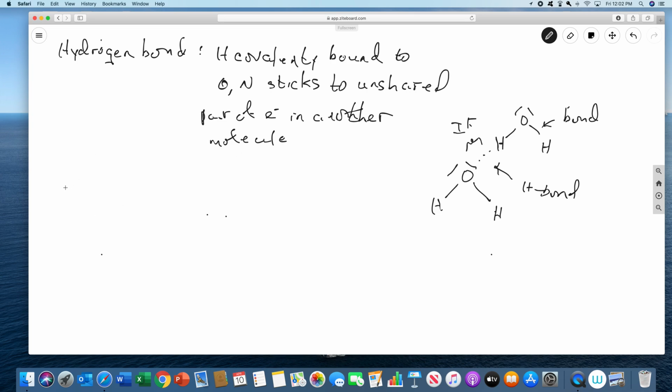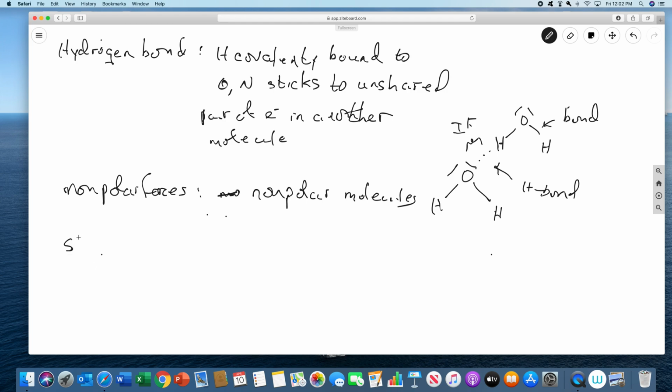Okay, and then the third type are what are called nonpolar forces. This is how nonpolar molecules stick together. And these are the weakest. We're not going to go into exactly how they work for this class.